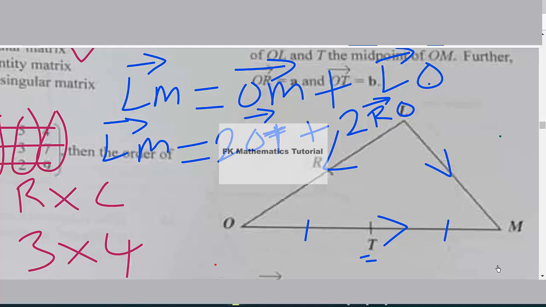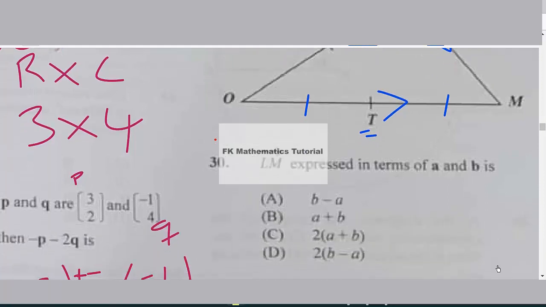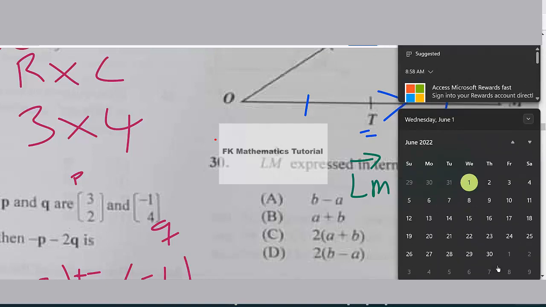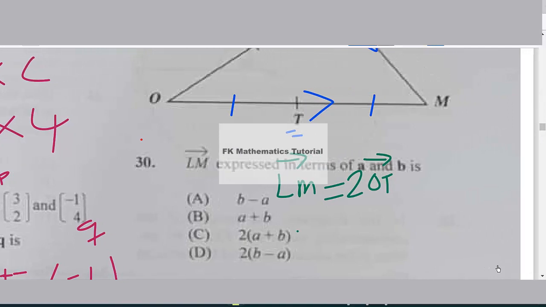So the whole thing becomes something like this. Vector LM will be equal to 2 times vector OT, then vector OT, then minus 2 times vector OR.